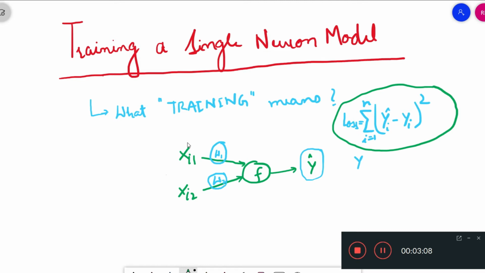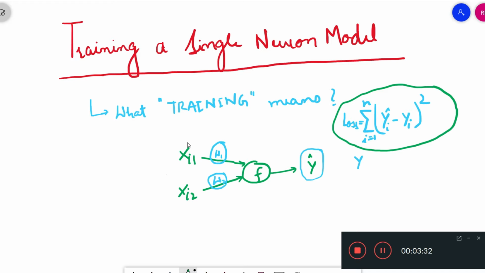So till now in our previous videos we have seen how a perceptron, or a logistic regression machine learning model, works as a single neuron model for classifying the set of classes given to us. In this video we will try to understand and implement the way a regression model is implemented using a single neuron model.